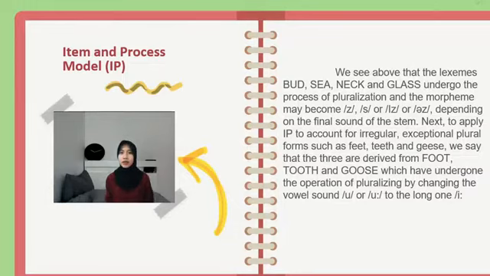If the final consonant sound of a stem is voiced, as in bed and car, the s will become z. Further, we can say that z and s or iz are derived from the underlying form.